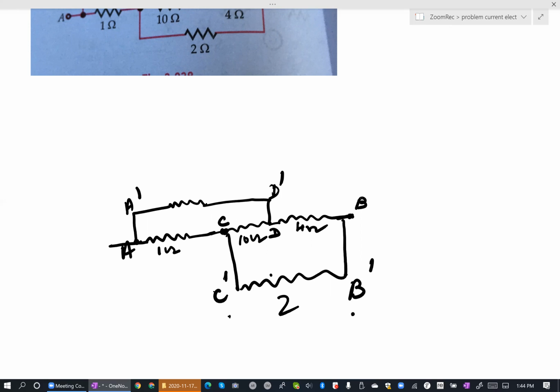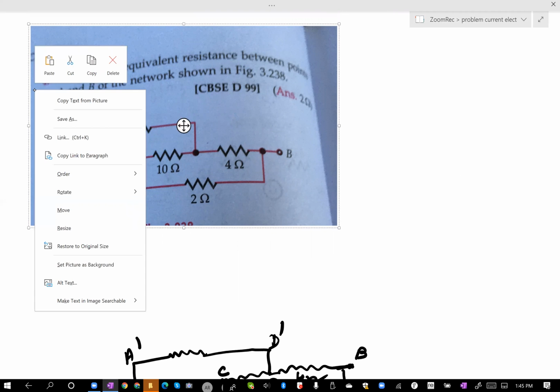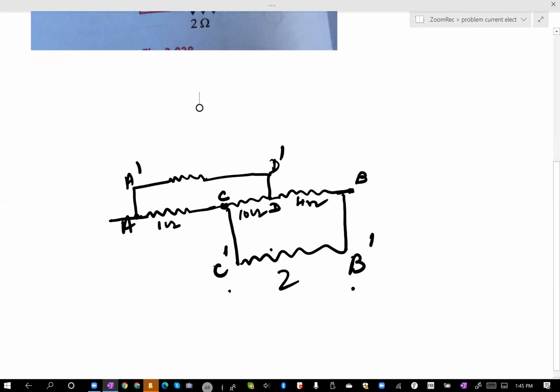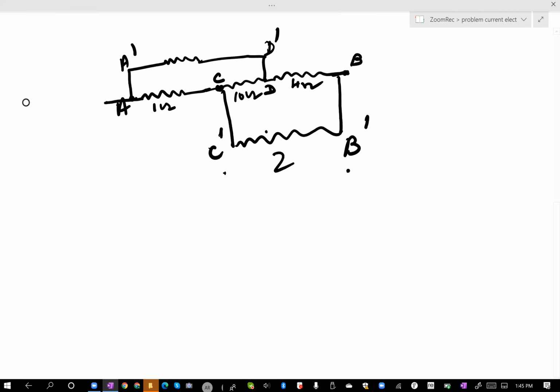Now I'll draw this. Look at here. If I am taking A here, I have to take B here because they want only the resistance across A and B. So you call this A, and adjacent to this, A dashed.